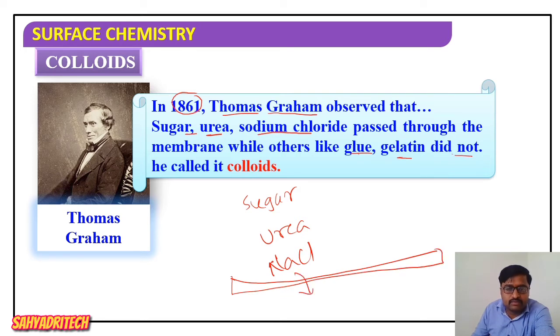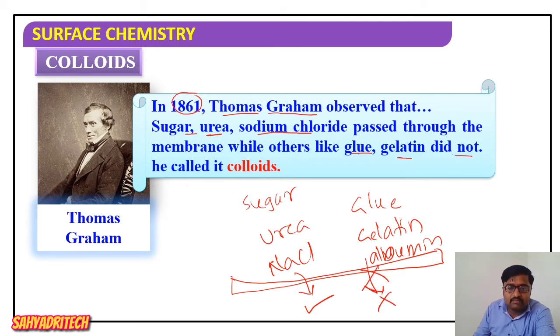They readily passed through such a type of membrane. But the other particles, glue particles, gelatin particles, albumin particles, etc., did not pass through the membrane. Such particles he called colloids.